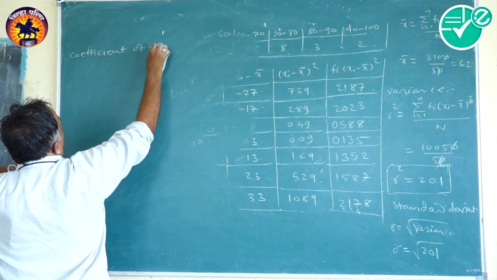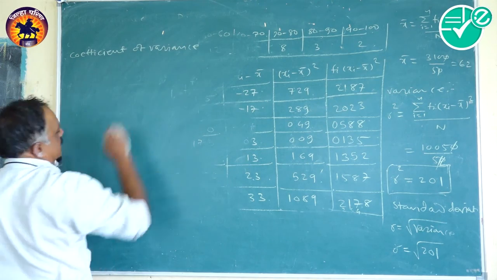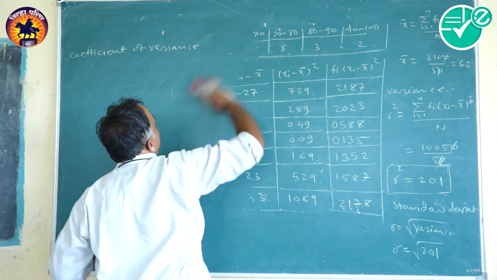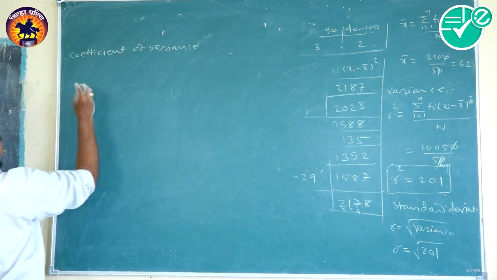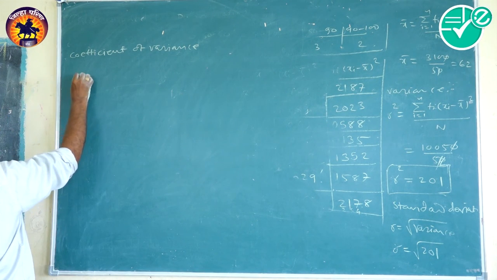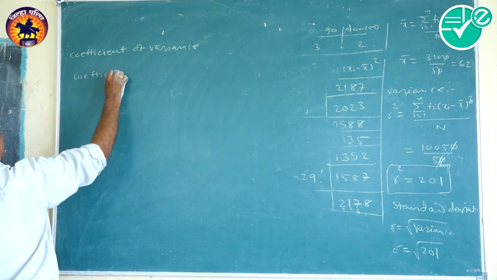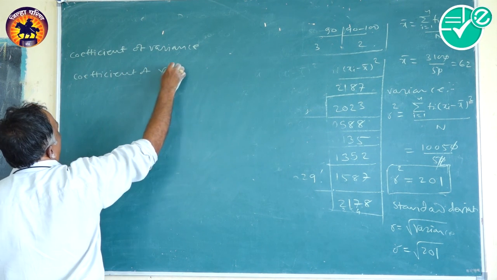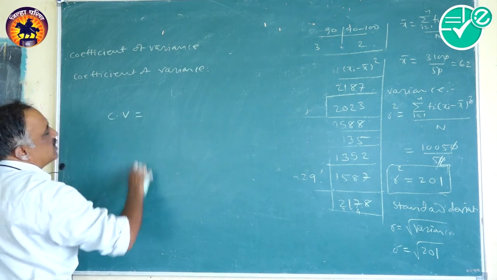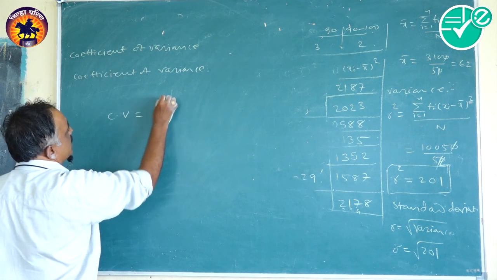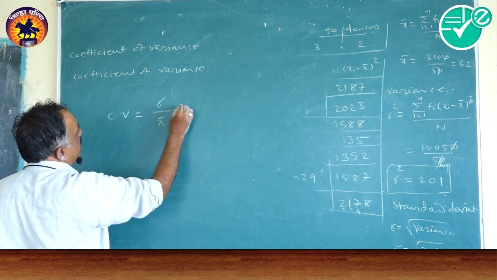What will be the coefficient of variance? For any type of data, it will be denoted by CV, and the formula is sigma upon x bar into 100.